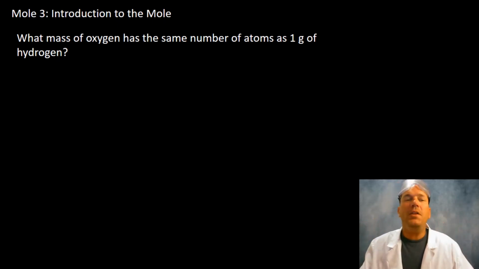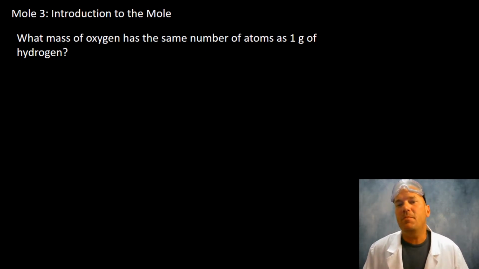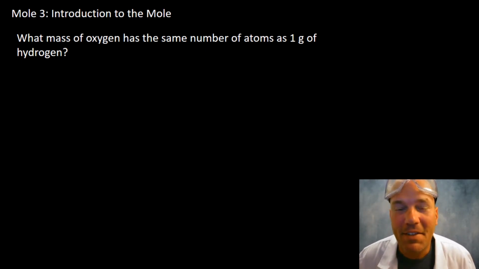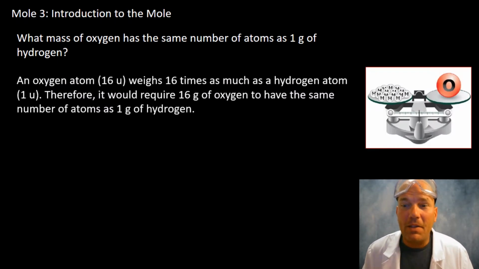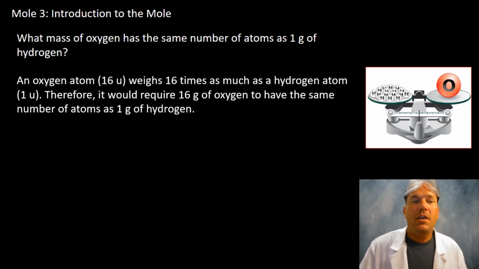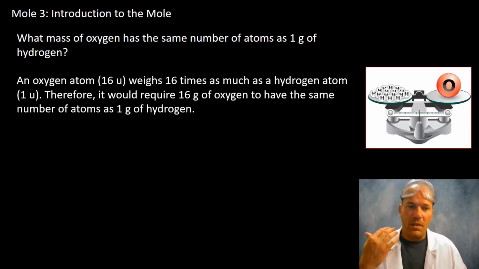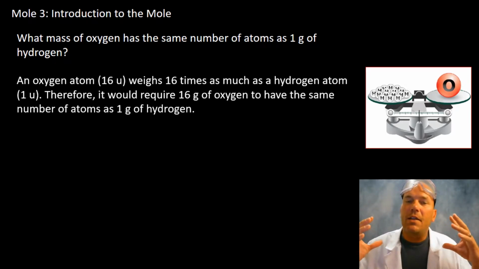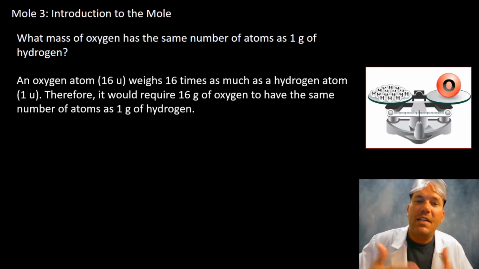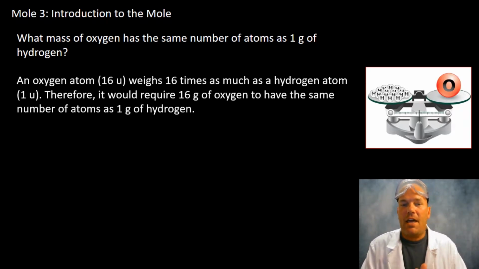So I'll begin with a question. What mass of oxygen has the same number of atoms as 1 gram of hydrogen? All right, and we've already talked about this. If we look at the relative atomic mass on your periodic table, you'll see oxygen is exactly 16 atomic mass units, and therefore it weighs 16 times as much as a single hydrogen atom, which weighs 1.008 atomic mass units on your periodic table.